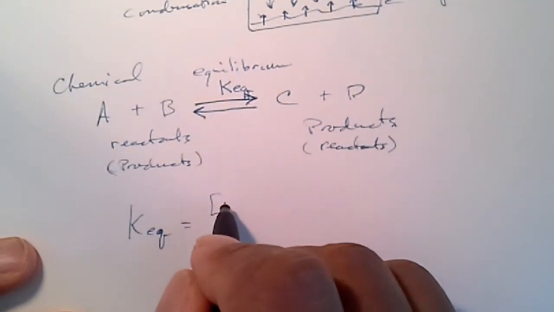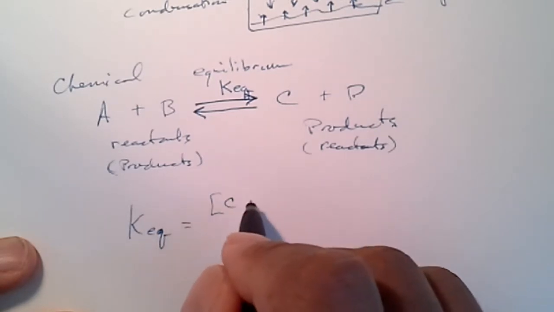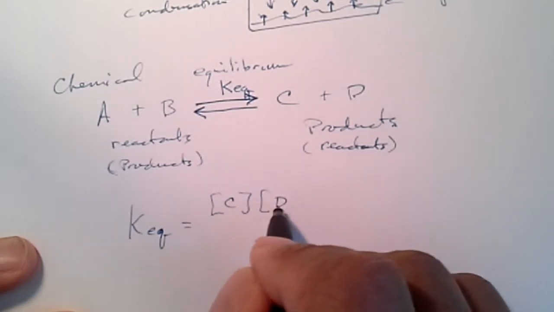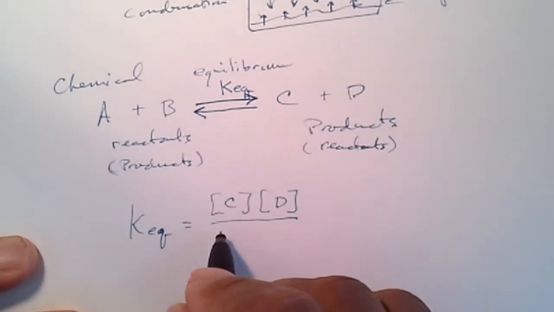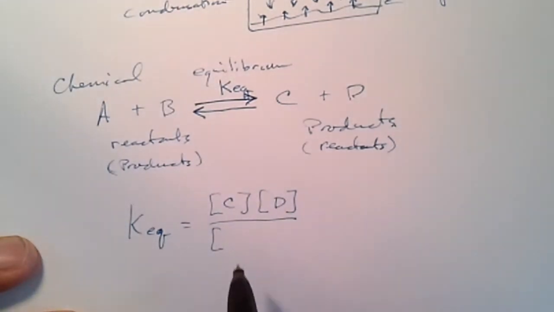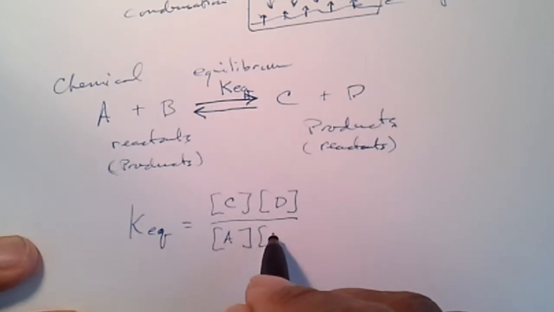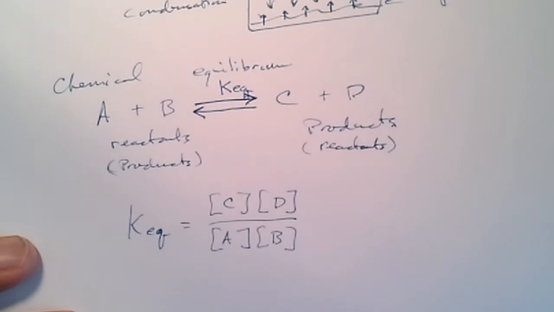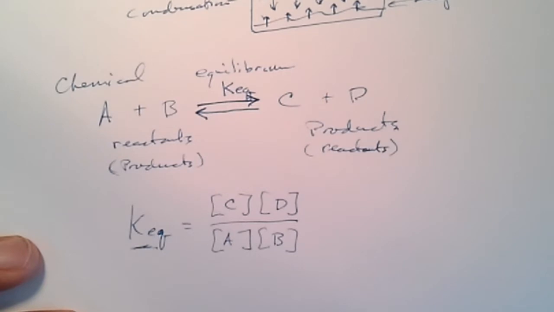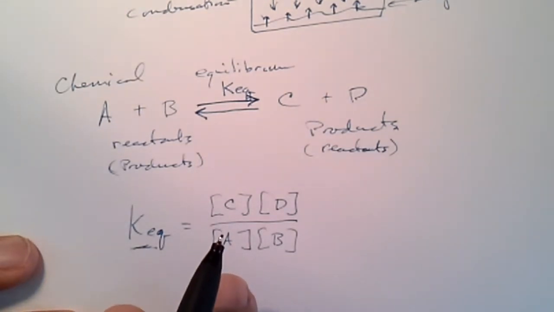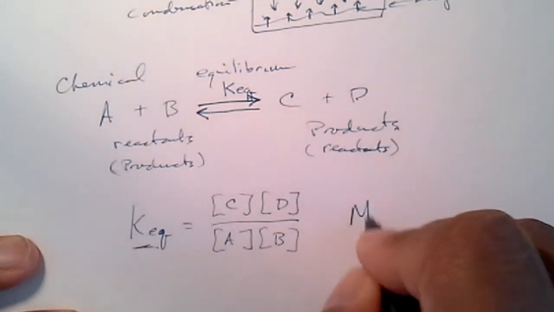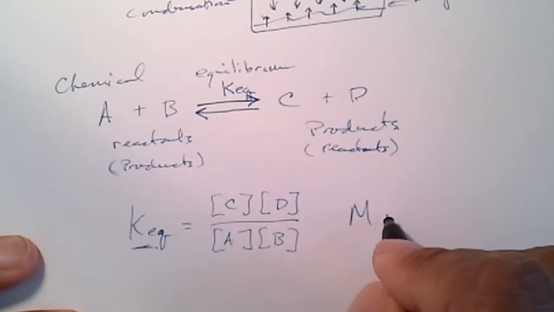In other words, you multiply the concentrations of the products and divide it by the product of the reactant concentrations. Alright, this is the expression for equilibrium for every chemical reaction. And the typical concentration unit is molarity.